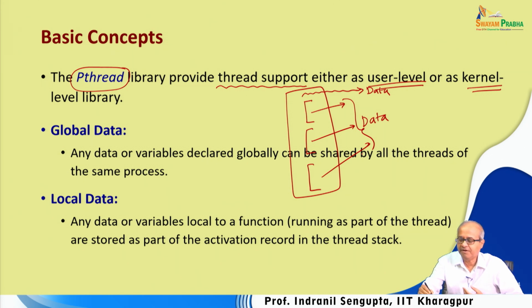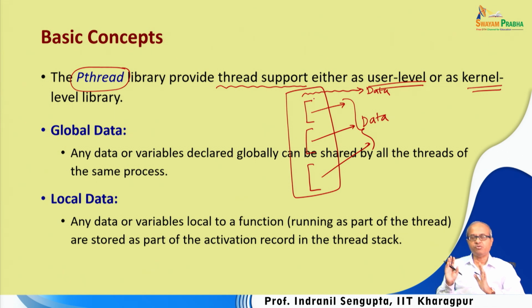Whenever you define the data outside the functions, those data values will be made available to all the functions. Those are called global variables or global data. But when you define some variables inside a function, they are referred to as local variables or local data. They cannot be used from outside the function, they can be used only from within the function, right.